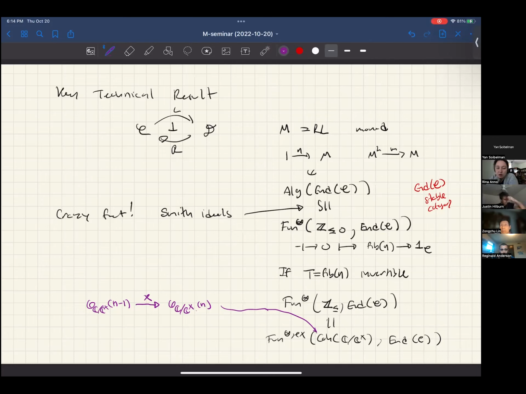So you map negative 1 to the fiber of eta. Yeah. I see. If you look at our paper, we give a formula for this functor. I think they call it the Adams tower or something.